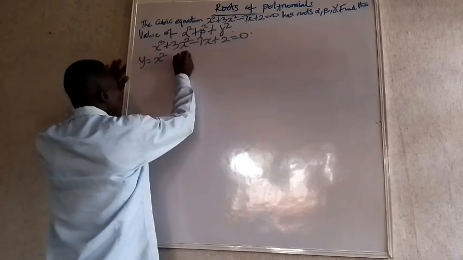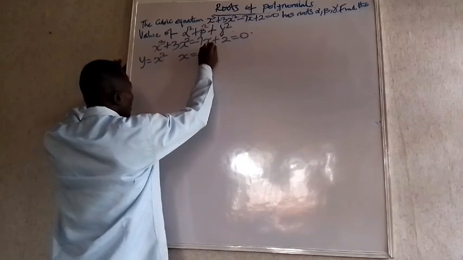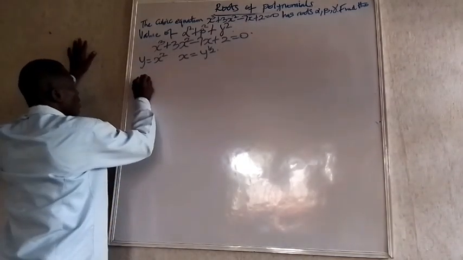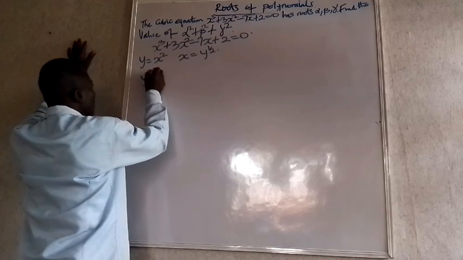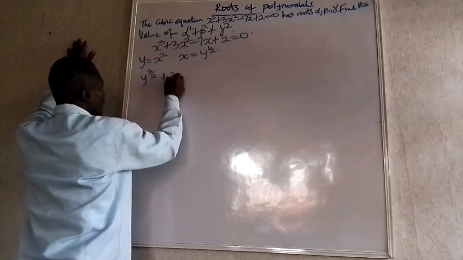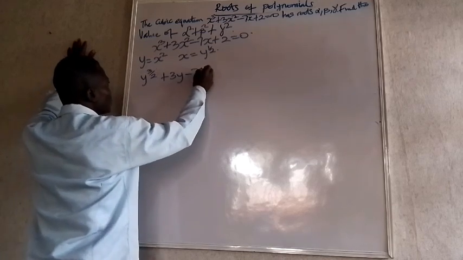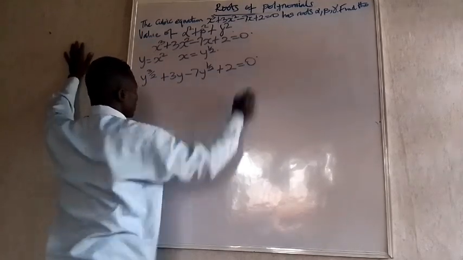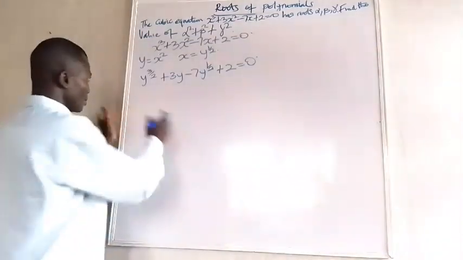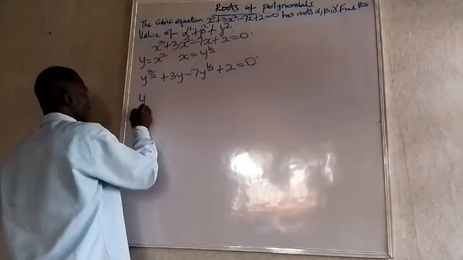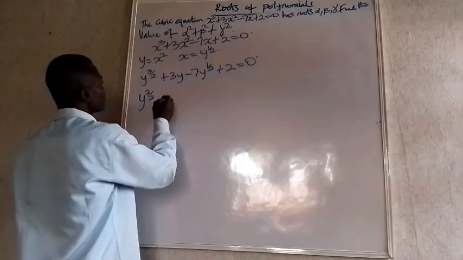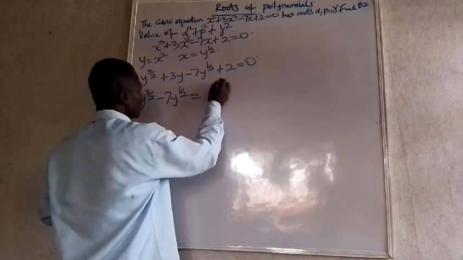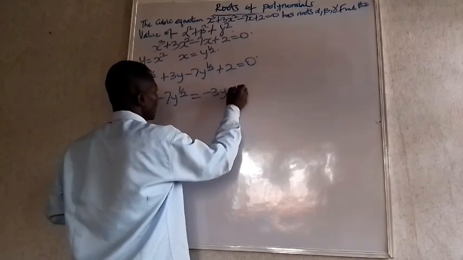So x equals y raised to the power half. We can now say y raised to the power 3 over 2 plus 3y minus 7y raised to the power half plus 2 equals 0. Now let's rearrange. So we can say y raised to the power 3 over 2 minus 7y raised to the power half is equal to minus 3y minus 2.